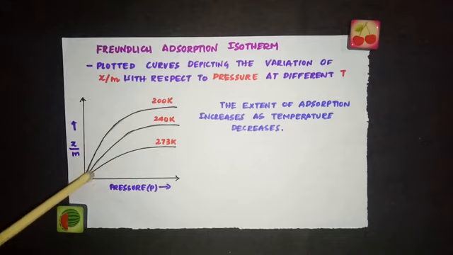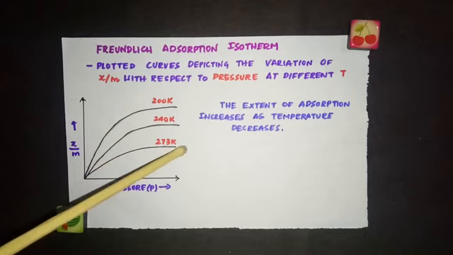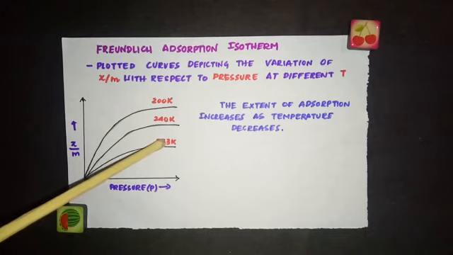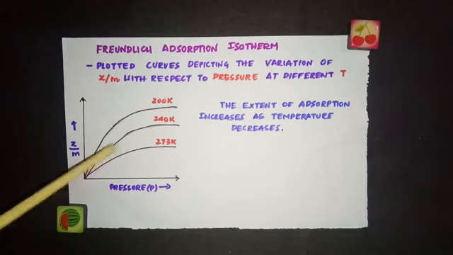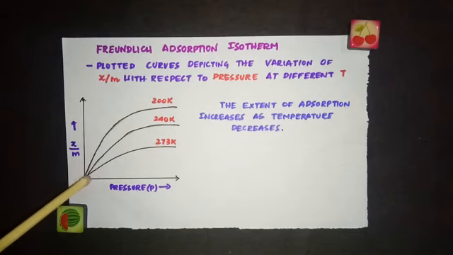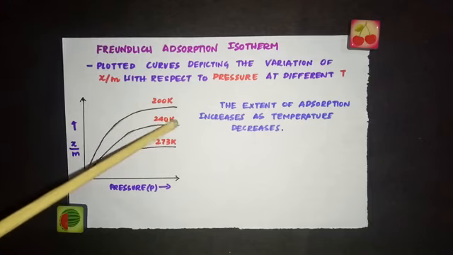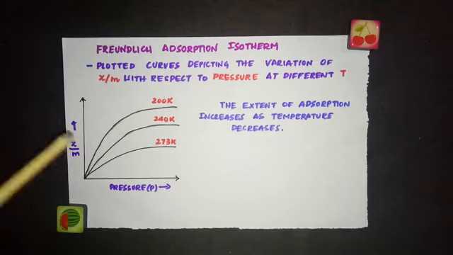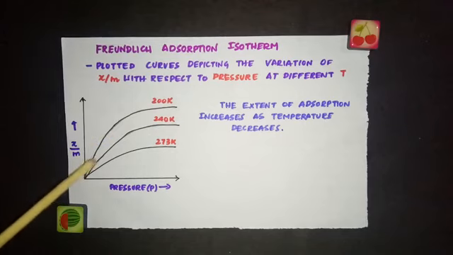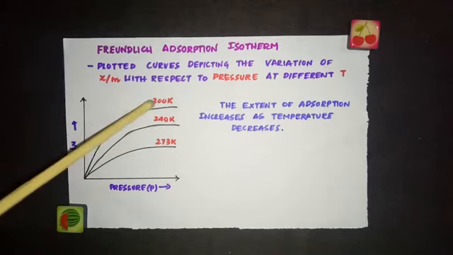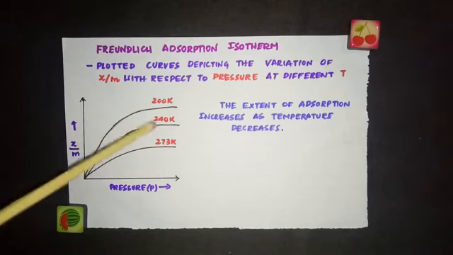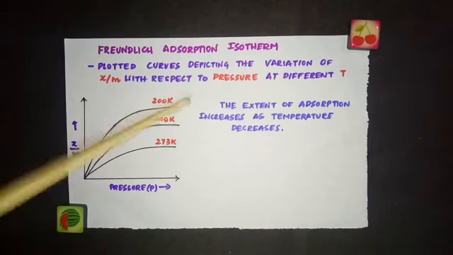So this is for the same process of adsorption at 273 Kelvin, and keeping the same adsorbate and adsorbent, he increased the temperature to 240 Kelvin and recorded the extent of adsorption, and then lowered the temperature to 200 Kelvin. He kept on lowering the temperature and got a curve like this.